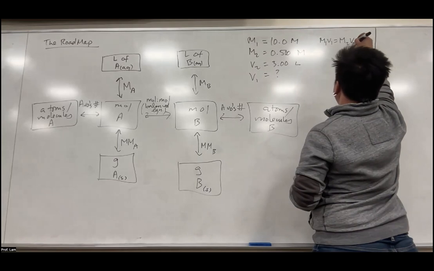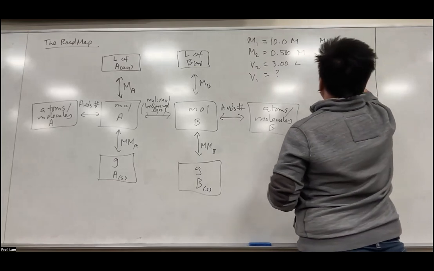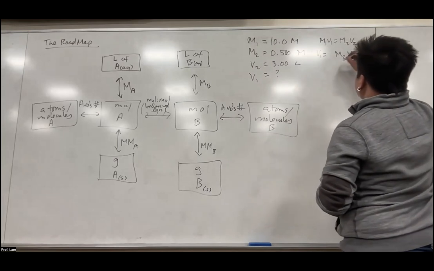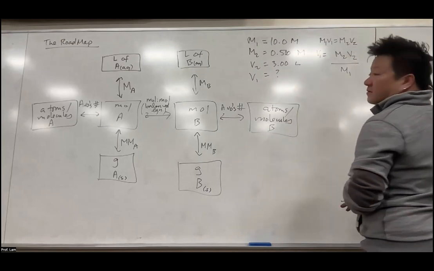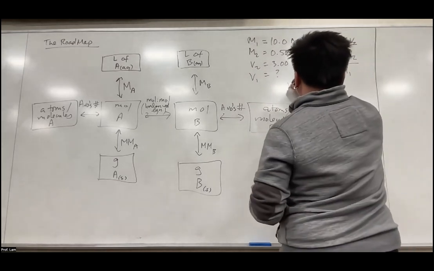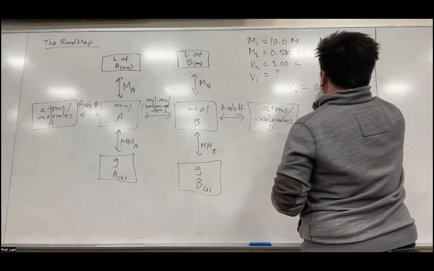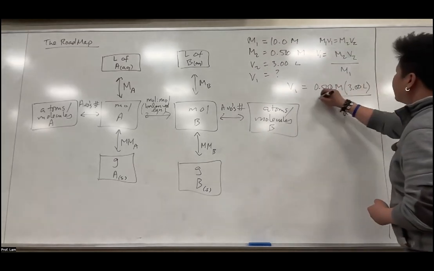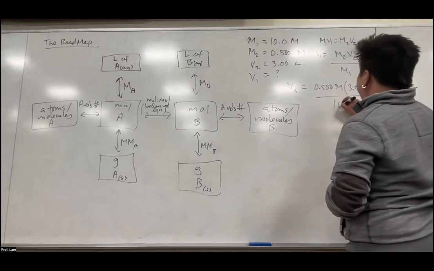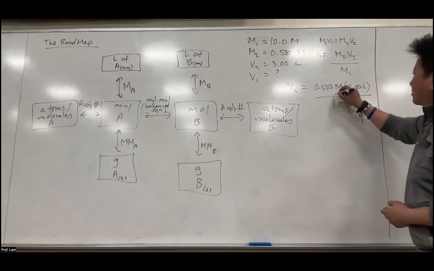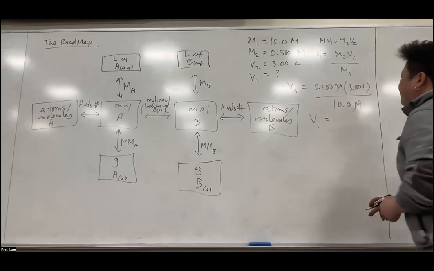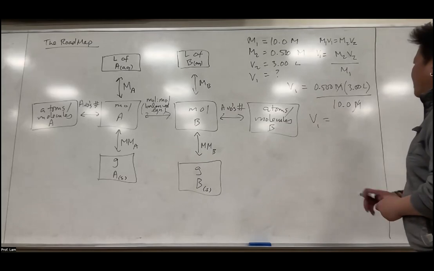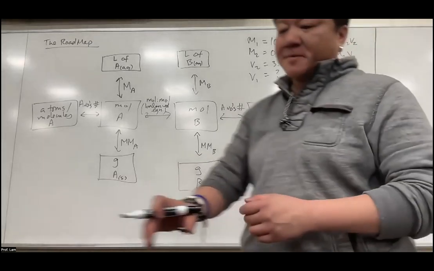M1V1 is equal to M2V2. We are solving for V1. So algebra that, guys, V1 is going to be equal to M2V2 over M1. Okay. Now it's just plugging it in, right? V1 is equal to half molar times V2, 3 liters, over M1, which is 10 molar. So notice molar will cancel. And V1 is 0.15, it looks like, right?